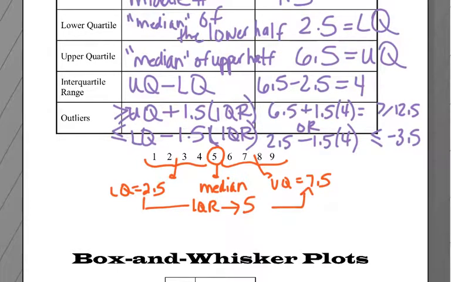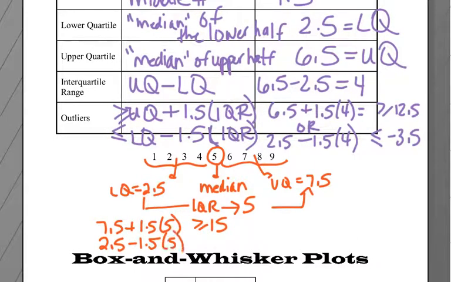If I want to put my outliers in, my upper fence would be 7.5 plus 1.5 times the interquartile range, so anything greater than or equal to 15. On the lower side, 2.5 minus 1.5 times the interquartile range, so anything less than or equal to negative 5. Again, I didn't have any outliers, but if this had been a 19, that would have qualified as an outlier. Even if it was a 15, anything on the line, so to speak, counts.